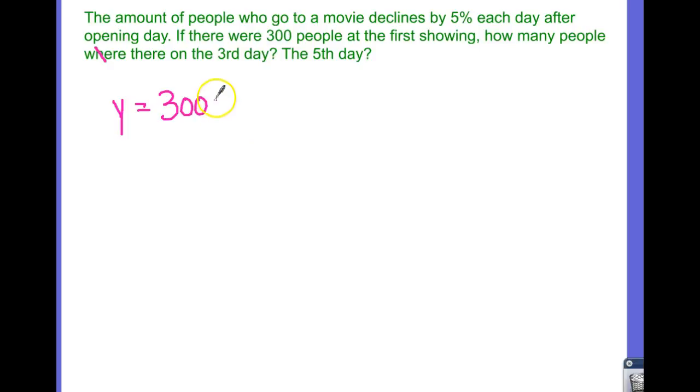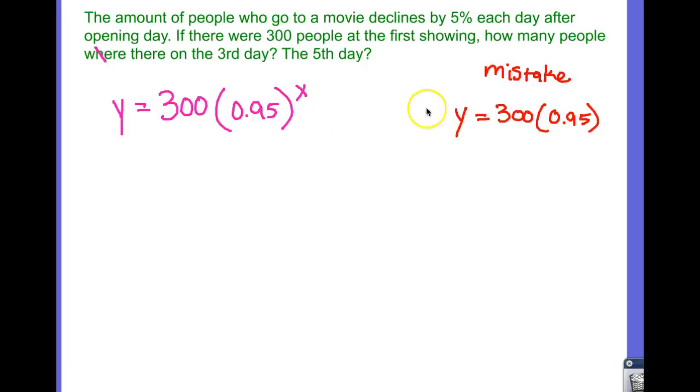Initial people were declining by 5%, so 1 minus 5% is 95%, to the x. A common mistake is to say, okay, here's x, this is in days, so the third day, I can just throw 3 on there, and there should be about 275 people there.